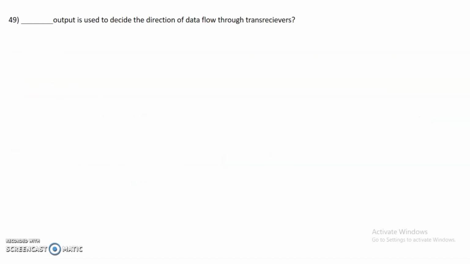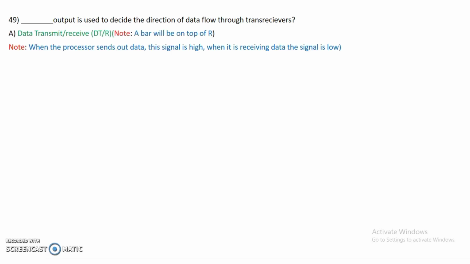Bit number 49. Dash output is used to decide the direction of data flow through the transceivers. The answer will be data transmit or receive. Here also, on the top of R there will be a bar. On the receive signal, there will be a bar.